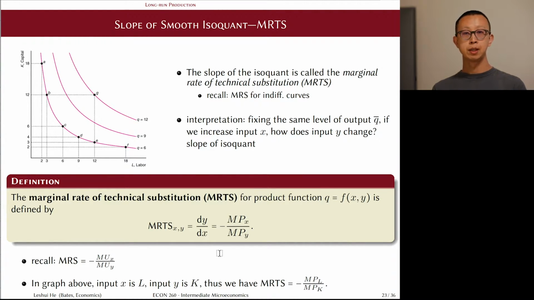For example, in the graph here, we have labor on the horizontal axis and capital on the vertical axis. So the MRTS is just the marginal product of labor divided by the marginal product of capital with a negative sign.